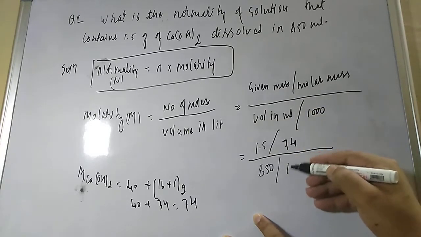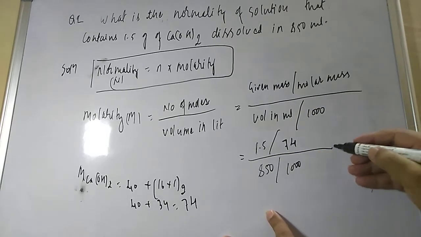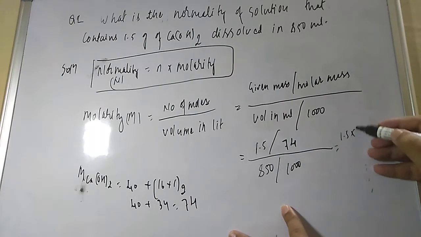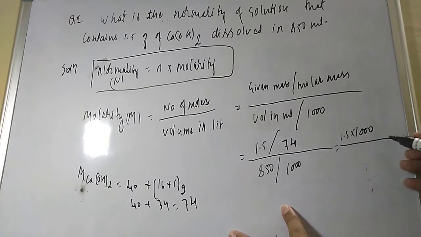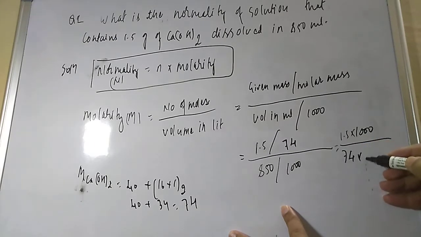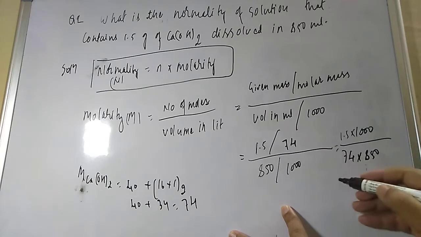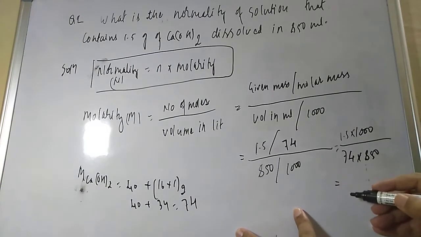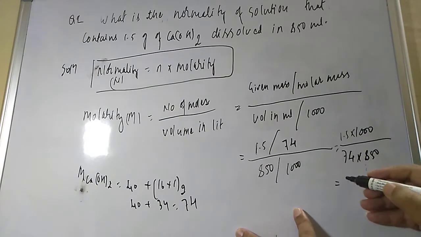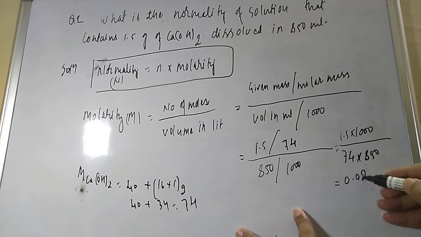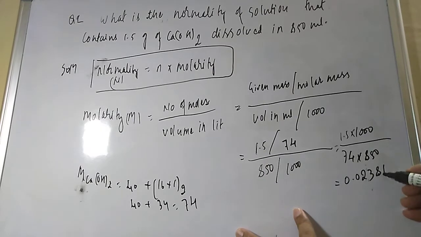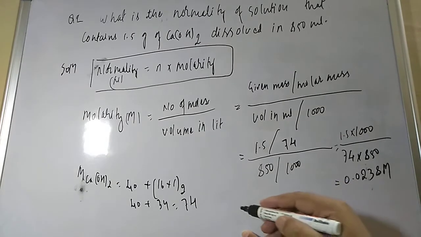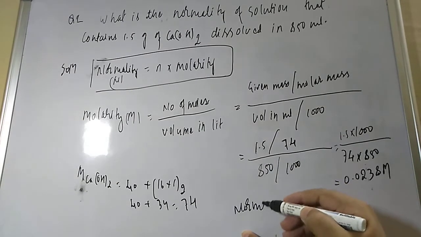Milliliter is converted into liter by dividing by 1000, so this simplifies to 1.5 into 1000 divided by 74 into 850. The final answer comes to 0.0238 molar. So after getting this molarity, students, what can you apply for normality?